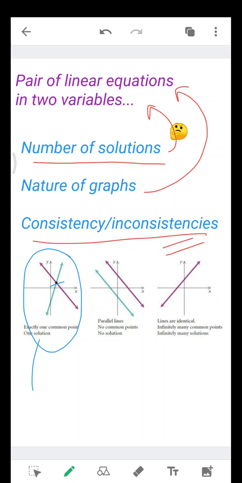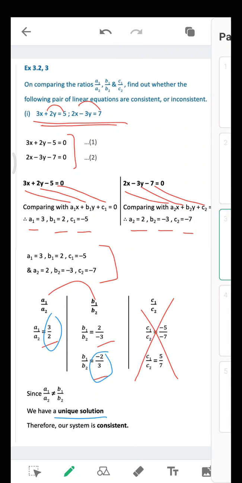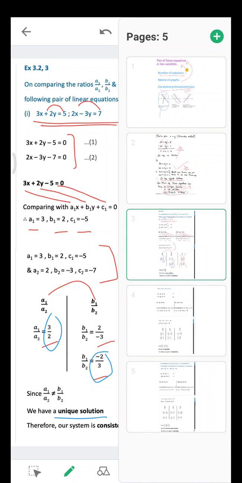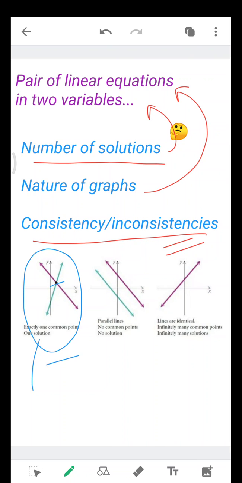You remember in 9th class we did so many graphs. We find 3 solutions of each equation and plot them on the graph. So when you plot these 2 equations on the graph, you will get intersecting lines.